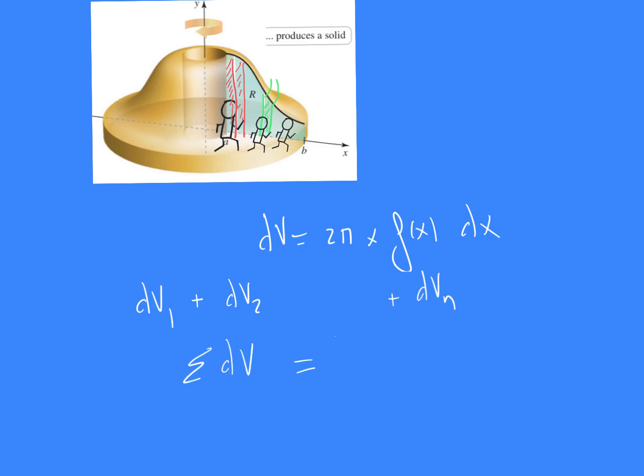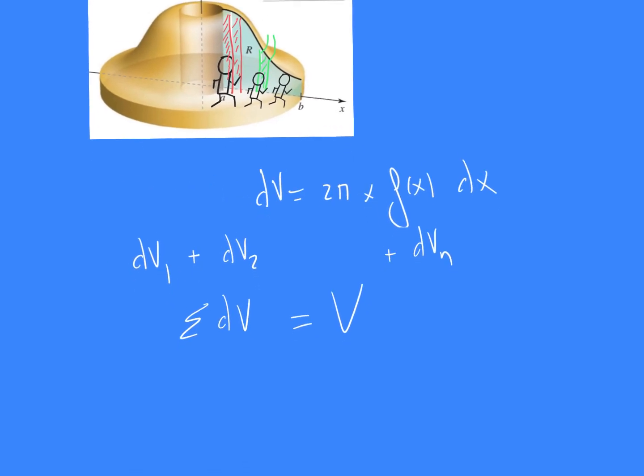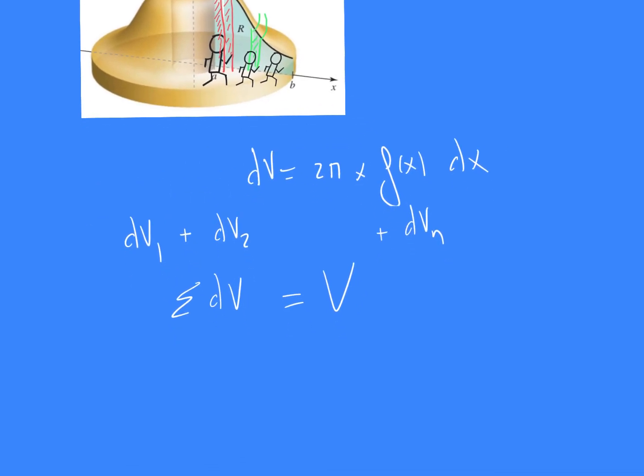is the total volume. The sum of all the infinitesimal volumes is the integral of this infinitesimal volume, which is the volume. And the expression for each infinitesimal volume is 2 pi x f of x dx.